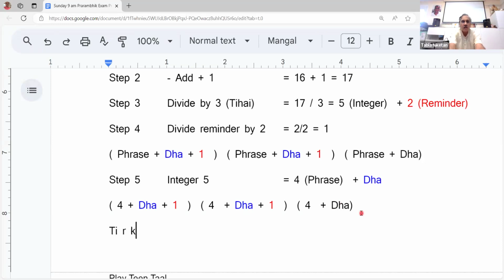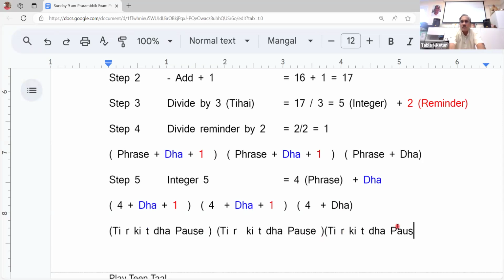Ti, ra, ki, ta, dha, and then pause, and you do that 3 times. Tira kita dha one time, tira kita dha second time, and then the last one is just tira kita, no pause.